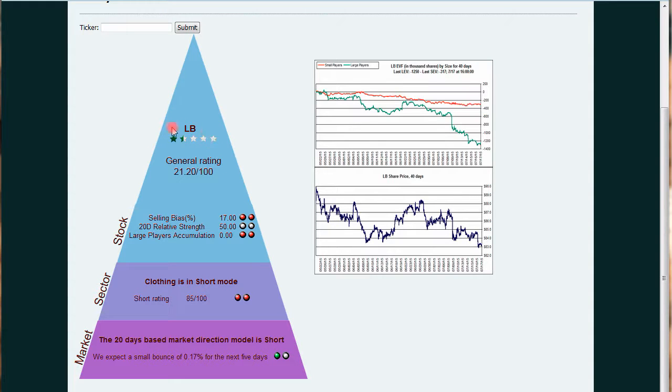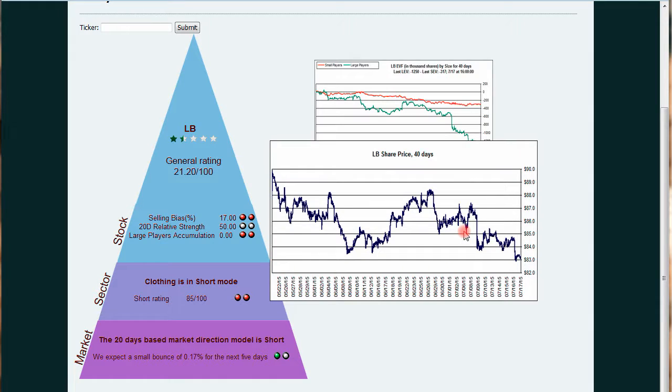This is LB Brands. LB popped up today as a short candidate, and you can see that the sector is in short mode. The selling bias for this company is higher than 10%. Large players have been selling, and the most important thing here is that on Friday you had a little down gap below support.